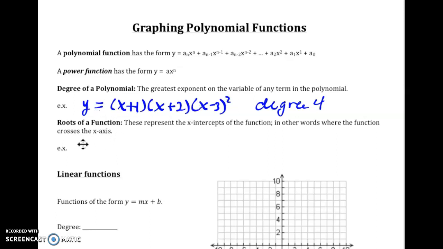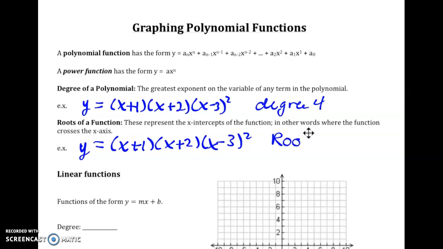Using this same polynomial, if we were to find its roots, the roots of the function represent the x-intercepts. Okay, so in other words, it's where it would cross the x-axis. So if we set y equal to 0, we would be able to solve for the x-intercepts, and it's just going to be whatever makes each of the brackets, or each of the factors, 0.